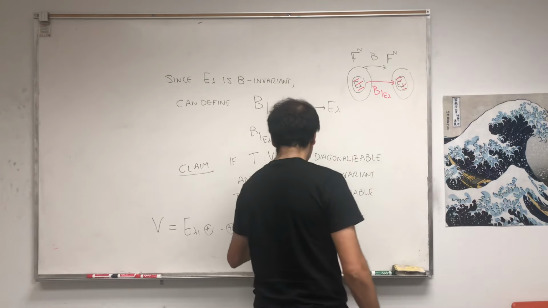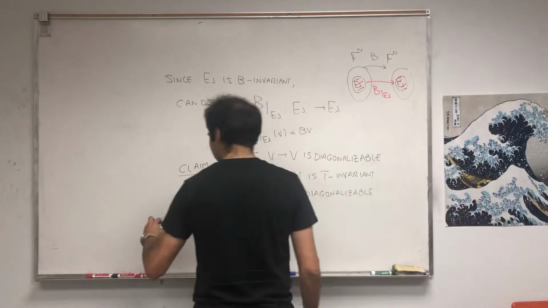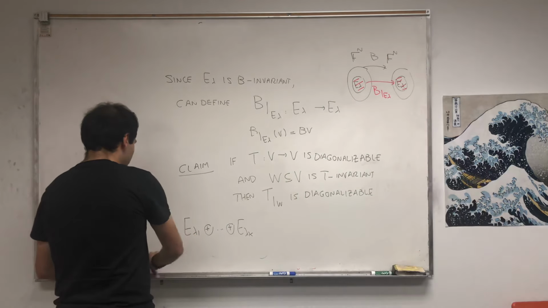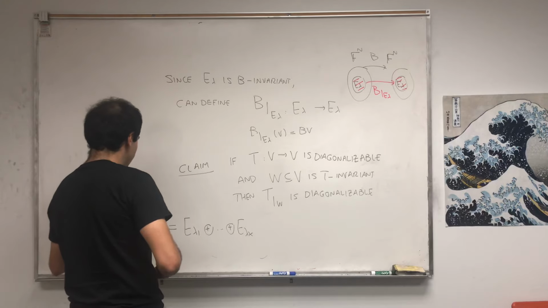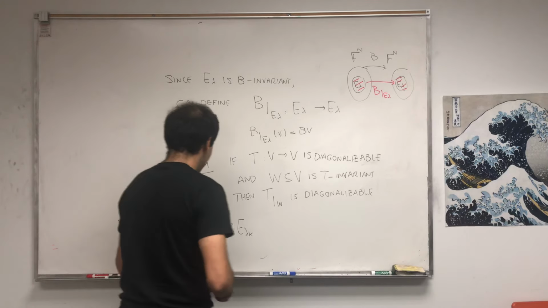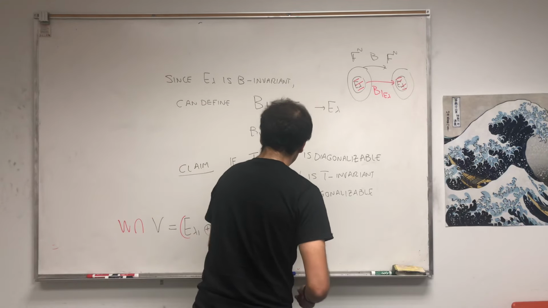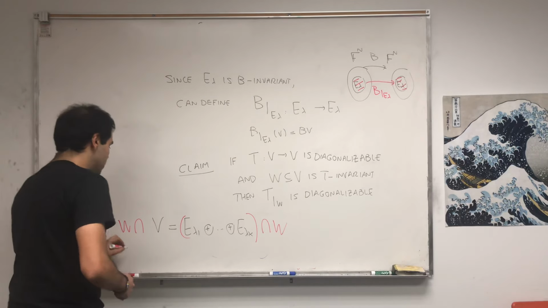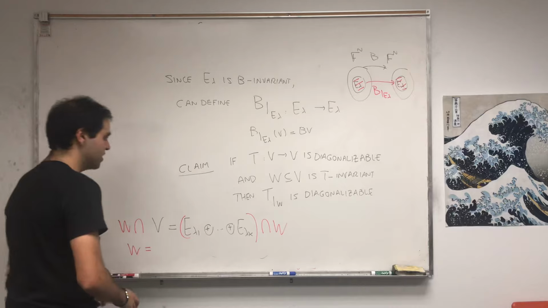So claim, maybe let me give you heuristically the idea. If you take this and you intersect it with W, W is a subspace of V, so the intersection is this.